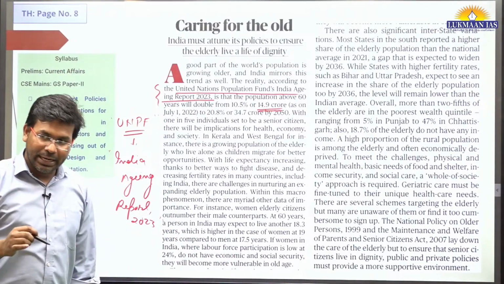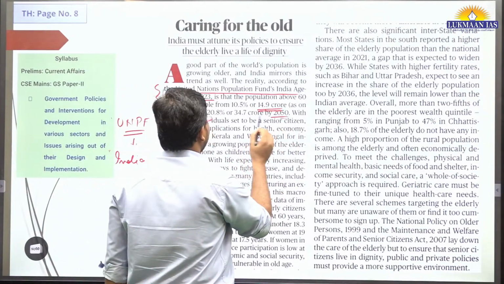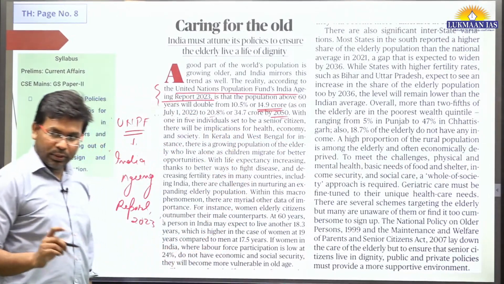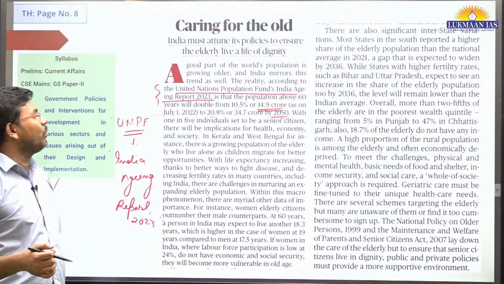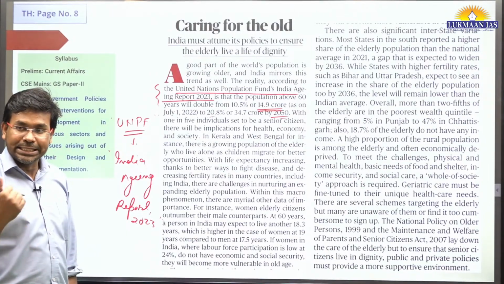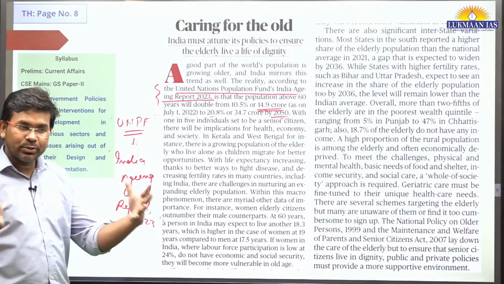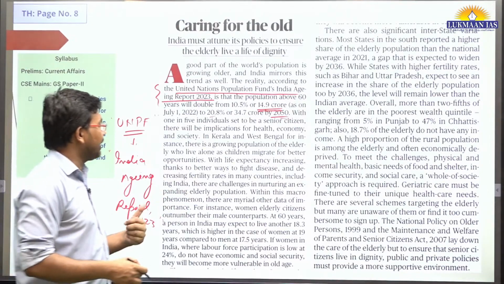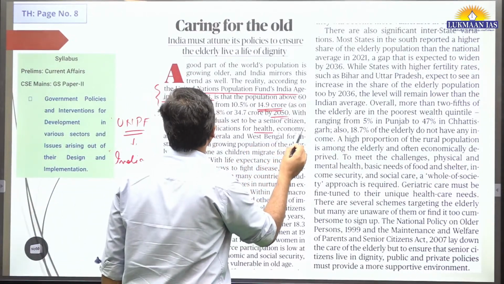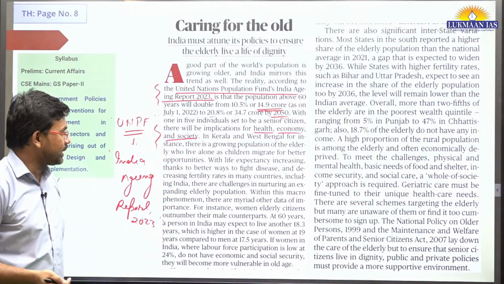The number of elderly is going to double by the year 2050. And since the number of elderly will be doubling, Indian society needs additional healthcare facilities. For example, they say it has implications for health, for economy and for society. Okay, so it does have an implication for this.